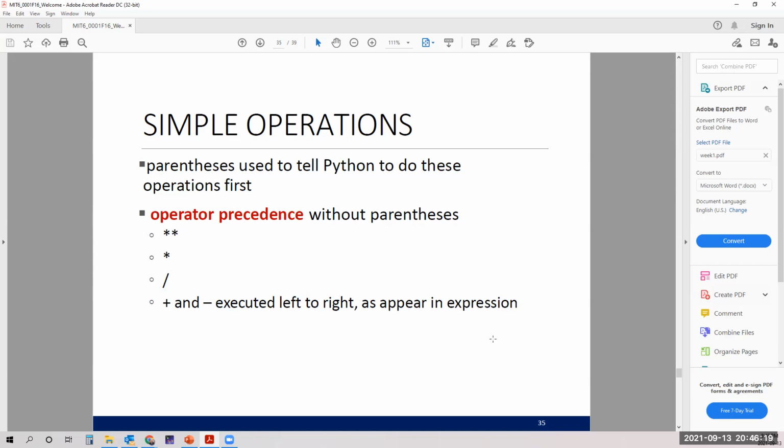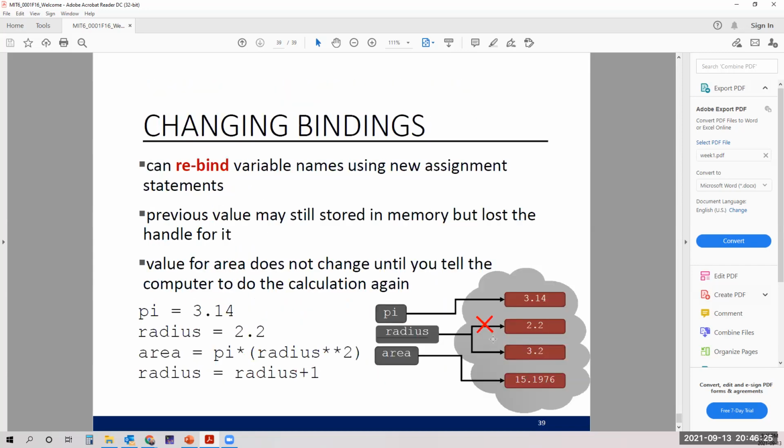For the last page, you said the previous value may still be stored in memory but you lost the handle for it. If we want to recall the previous value, how do we do that? For the radius, the previous value is 2.2, and in the final statement, radius plus 1.